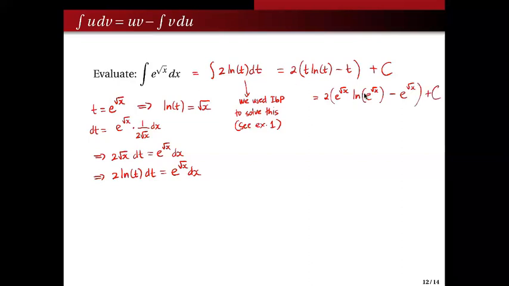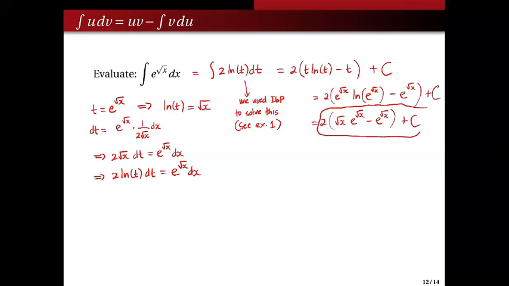And this guy here you can simplify. Ln of e to the square root of x, that's just square root of x. So you will have 2 times square root of x e to the square root of x minus e to the square root of x, and then plus c. So this is the final answer.